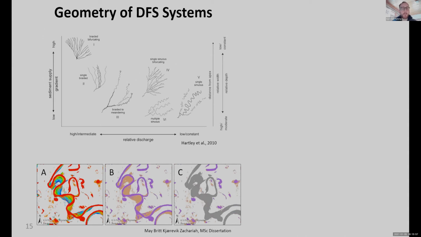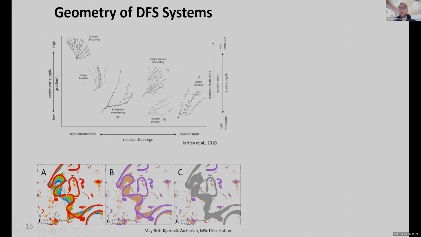Now, I had one master's student who looked at a selective number of DFS systems around the world. She looked at how these rivers changed through time. So every single color here is one age, or one point in time where the river was at that particular location.